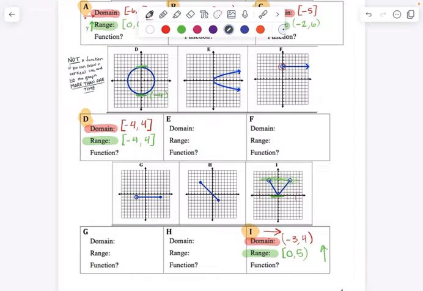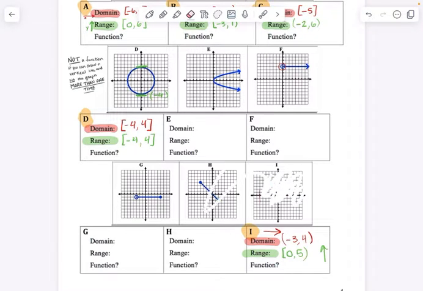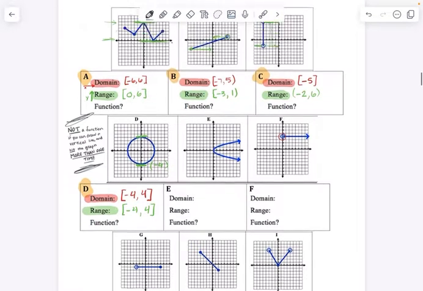So last thing we need to talk about is if a graph is a function or not. So again, if you don't have ordered pairs to look to see if x values repeat, what you're doing is checking for that vertical line test. So it is not a function if you can draw a vertical line and hit the graph more than once.